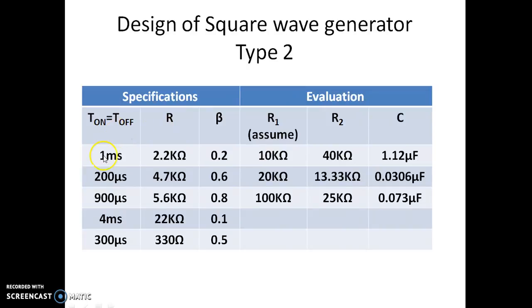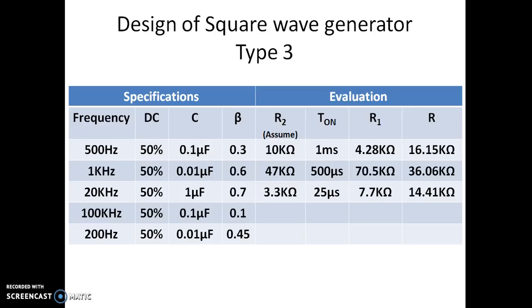In the other type, the specification given is the values of on time and off time required. The value of beta is given, the value of the resistor is given. We are asked to estimate the values of R1, R2 and C. This is your timing capacitor. In the third possible design, we are asked to design an astable multivibrator with a given frequency and duty cycle.